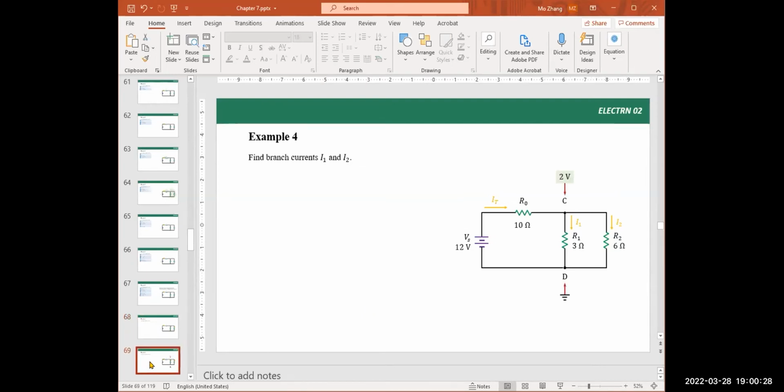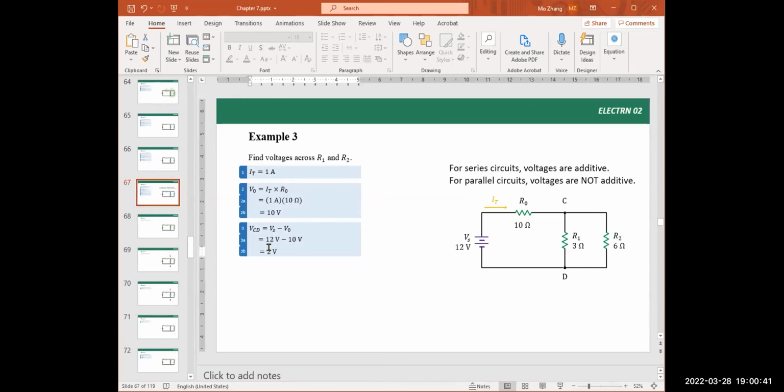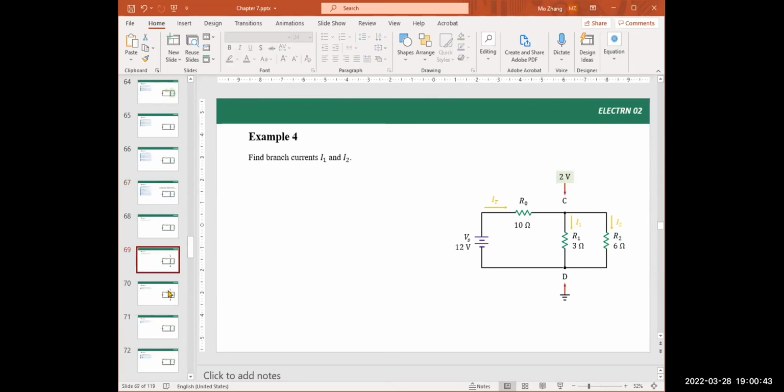Okay, so let's see. One more time, we know this is 2 volt. The voltage measured from C towards ground is 2 volt from the previous step. And then we know the resistor in each branch. We can find the current.